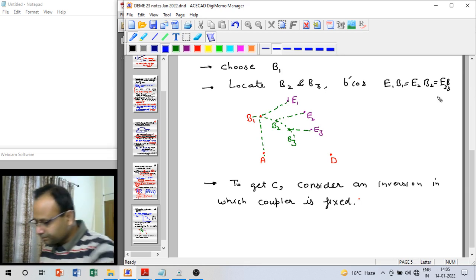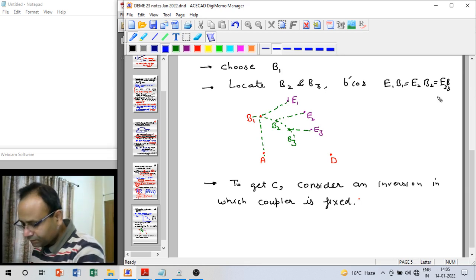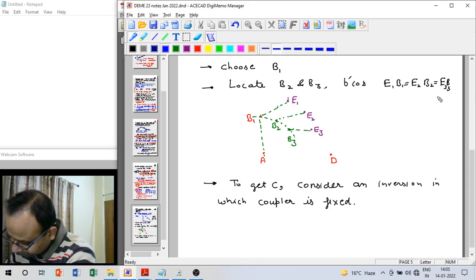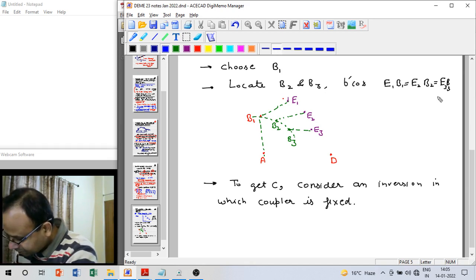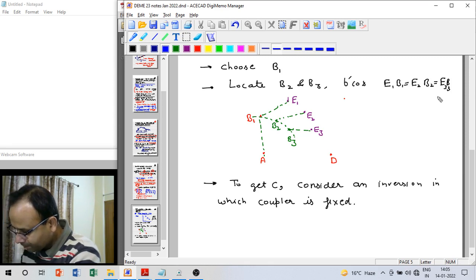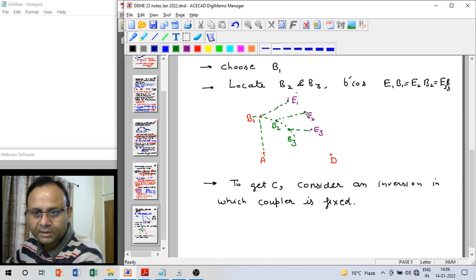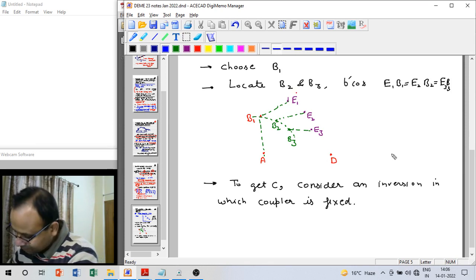For that, you see, let us just consider one position. Say consider position 2. In position 2, the relative position of B, E and D is like this.